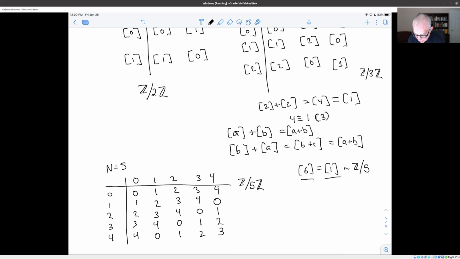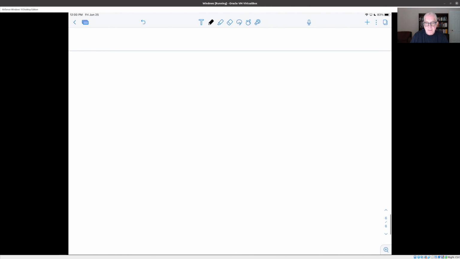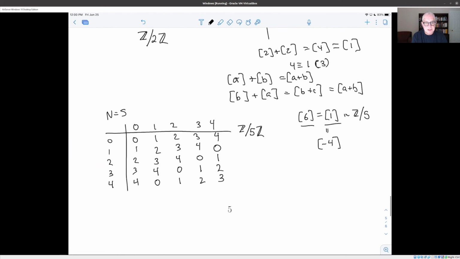And actually, it's also the same as the congruence class of -4 mod 5. And so we're working in a situation where we have a well-defined operation, but we have multiple names for the same element. So that's our quick review, or maybe for some people, an introduction to the integers mod n.